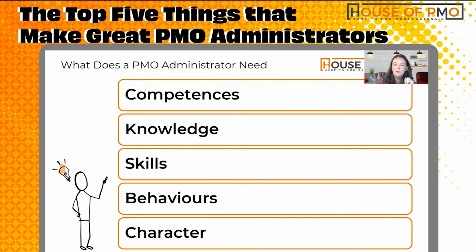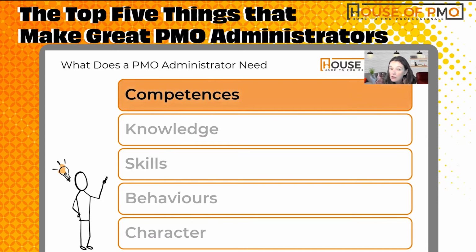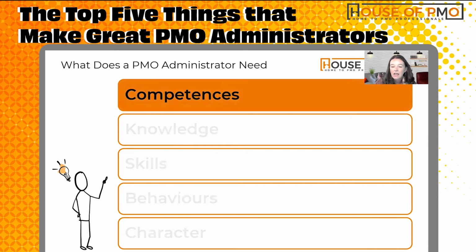So the word competency, or competence: when you hear the word competencies, what we're talking about is a defined combination of knowledge, skills, and behaviours. And when we say competent, it means that we can do our job to a required standard.